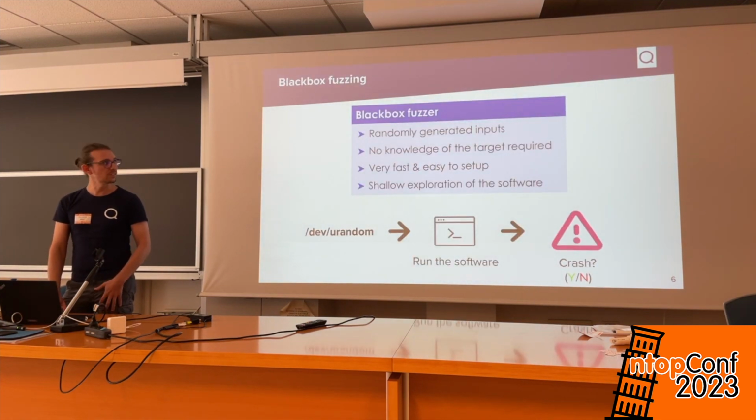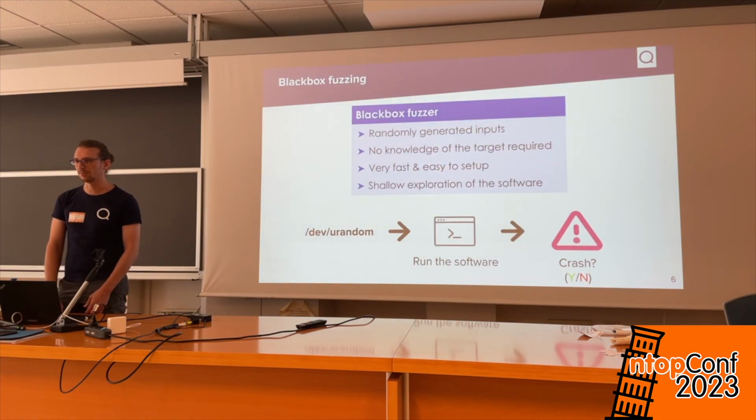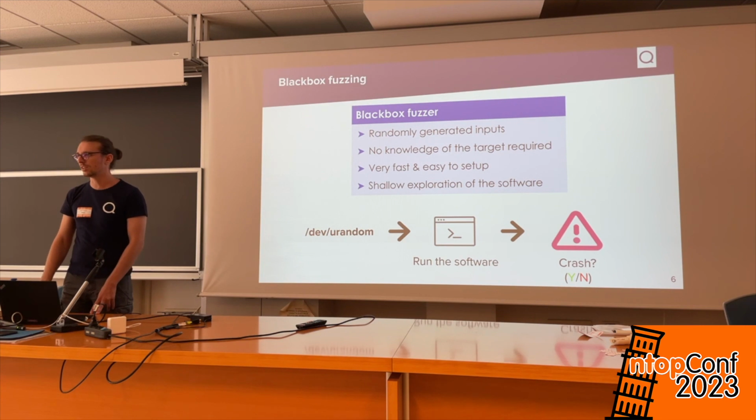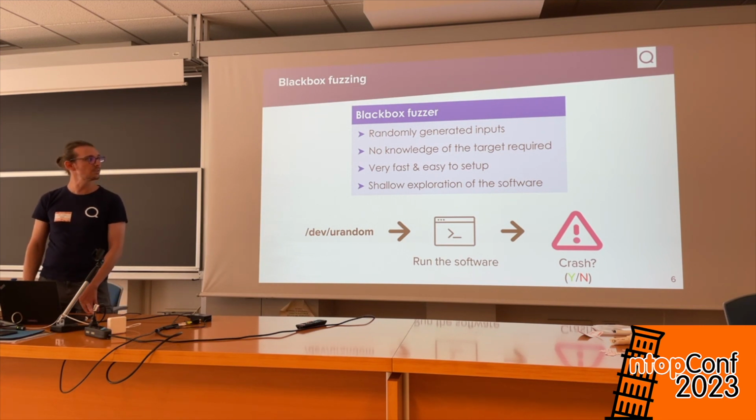In black box fuzzing, we have no conception of the internals of the software that we want to analyze. Basically, we treat it as a pure black box input-output machine. We just generate some random data, we send it to the software, and we see if it crashes. This is really the simplest approach that we can have.